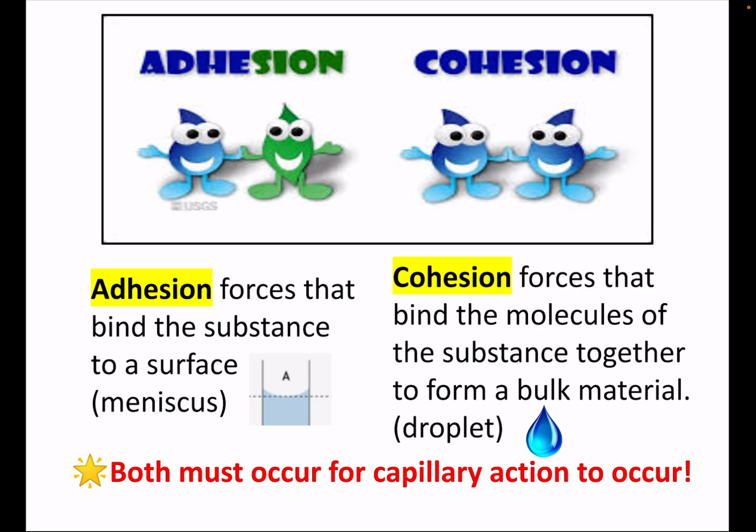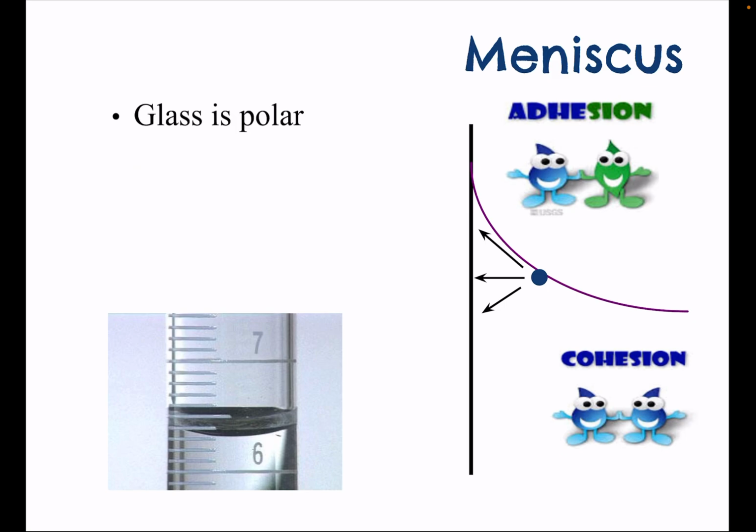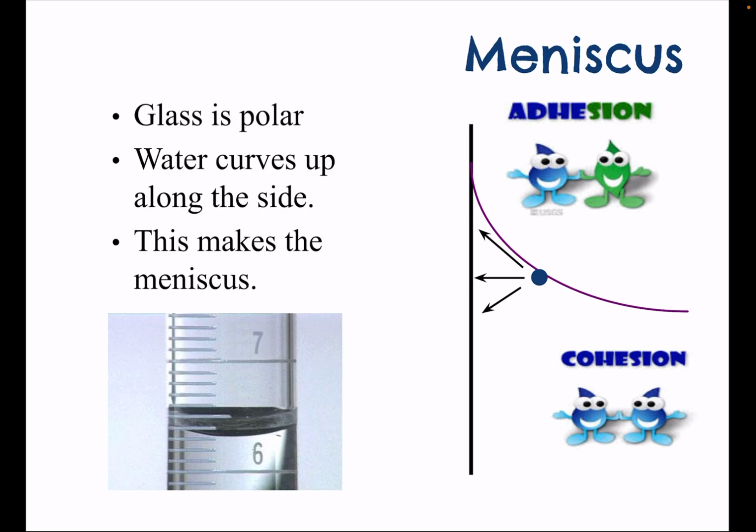So in order for capillary action to occur, you need both. Whenever something travels up a tube or up a column or up through a plant, you need both adhesion and cohesion. The reason why this meniscus effect occurs is because glass is polar, and so water, being polar, sticks to the sides and it sticks to itself.